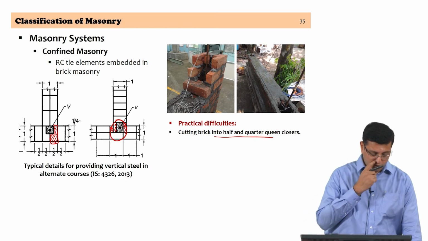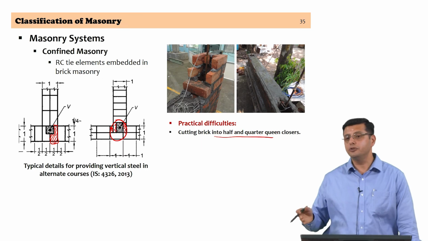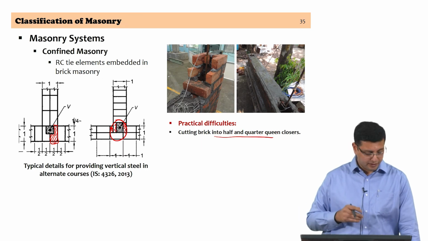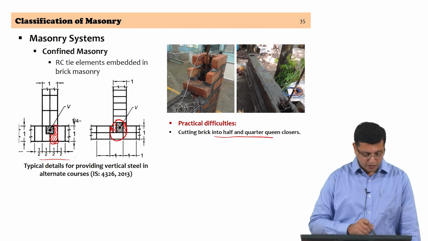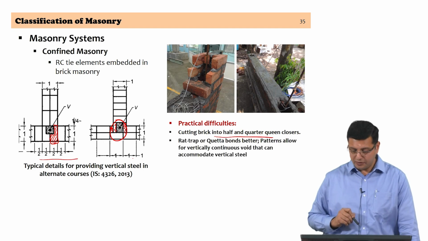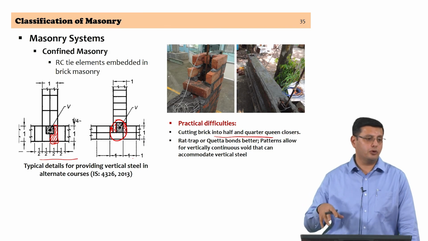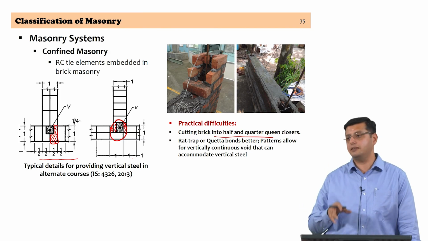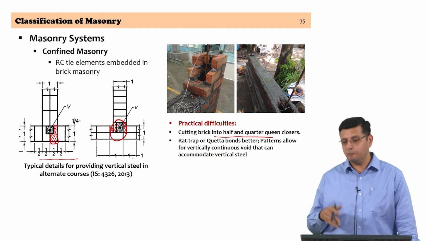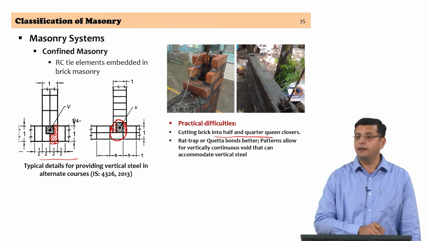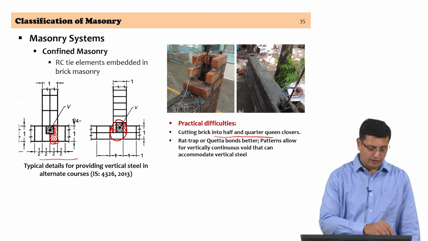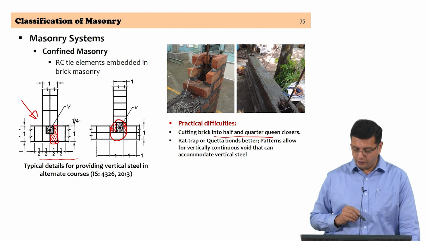And here, if you use these closers, you are actually going to have to break these bricks, and you also have to break them in the shape that is shown in one of the courses and the alternate course here. If you can actually use something like the rat trap bond or the Quetta bond, you can create a cavity without having to break these bricks into funny patterns like the one that you see here. So, that is definitely going to be a challenge.